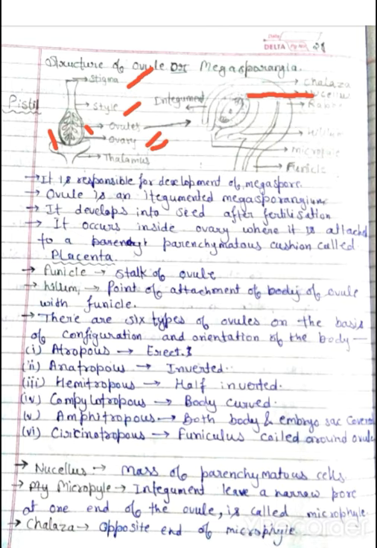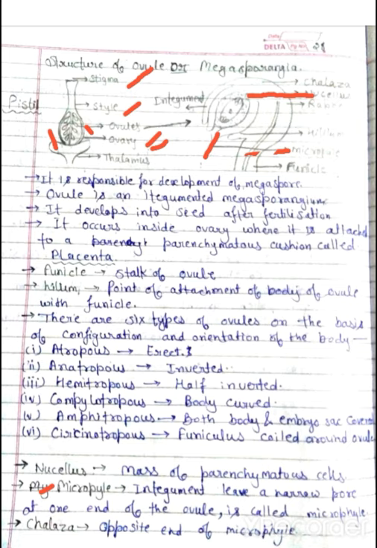And the next one is micropyle. What is micropyle? The integuments leave a narrow pore at one end of the ovule, which is called the micropyle. That is here, you can see this is the micropyle. Actually this portion is the micropyle.